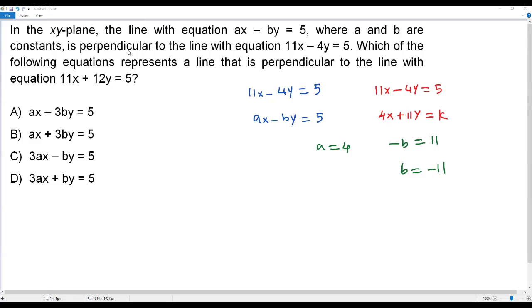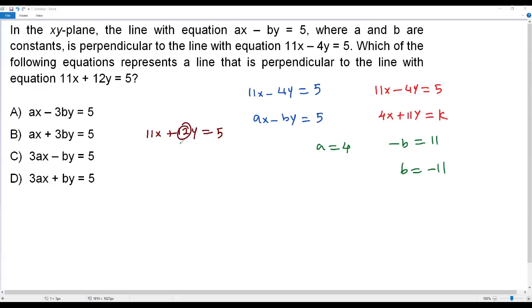Now let me take this equation, 11x + 12y = 5. This linear equation is in standard form. To get the equation of the line which is perpendicular to this one, I have to do the transformation I explained earlier. I consider the number in front of y, not the sign.